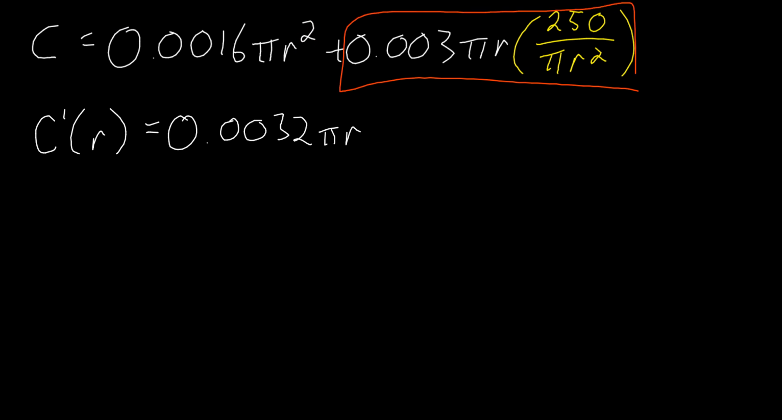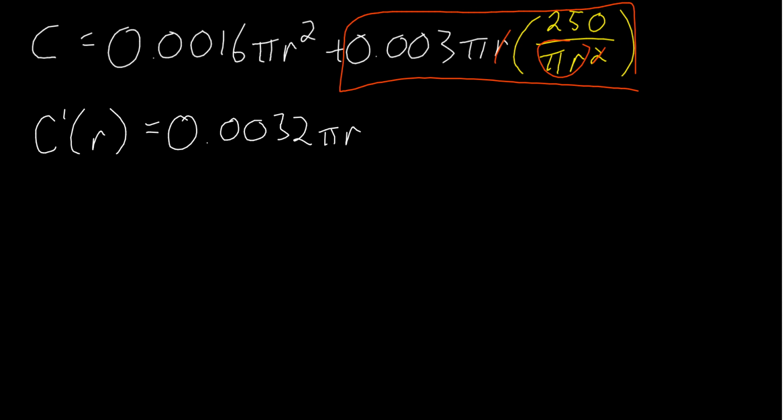And then this one is not too complicated because look, this r cancels with one of these r's, and then all we have to do is take the derivative basically of the denominator there. Keep in mind we're going to take this r and put it in the numerator. Let's see, what can I do?